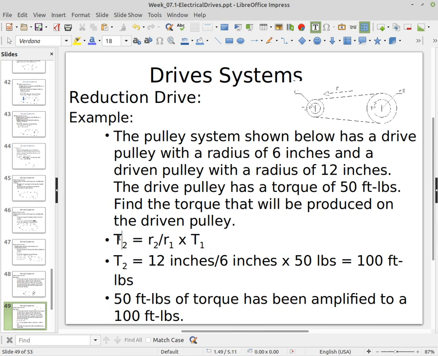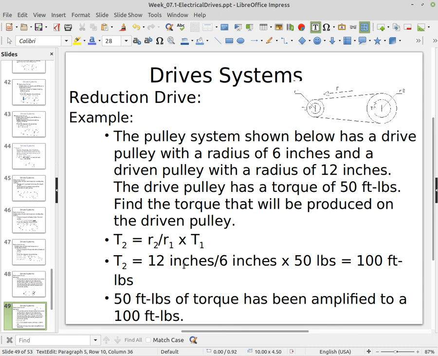Our ratio is 12 inches to 6 inches, so it's a 2-to-1 ratio, and our driving wheel can output 50 foot-pounds of torque.